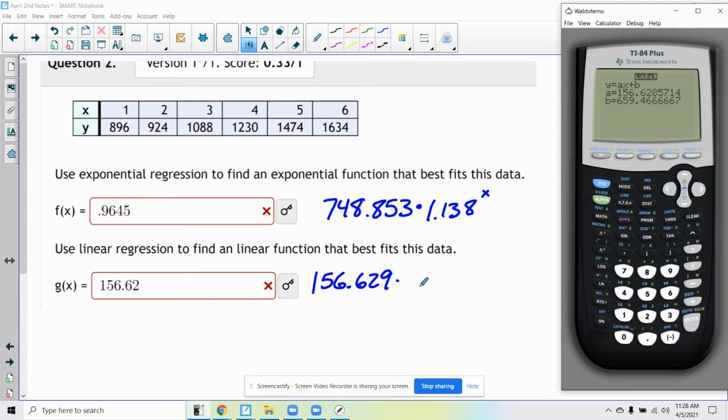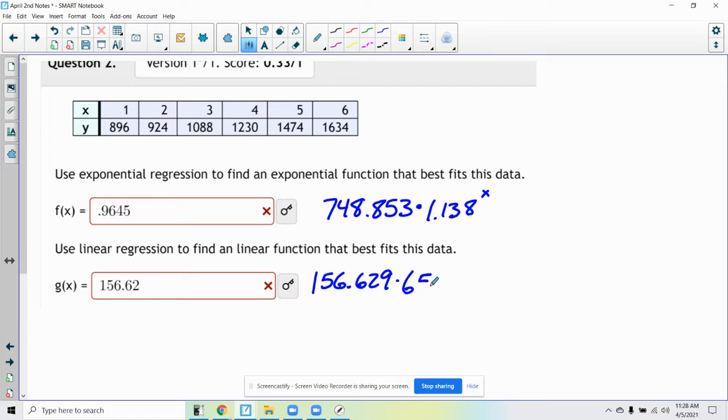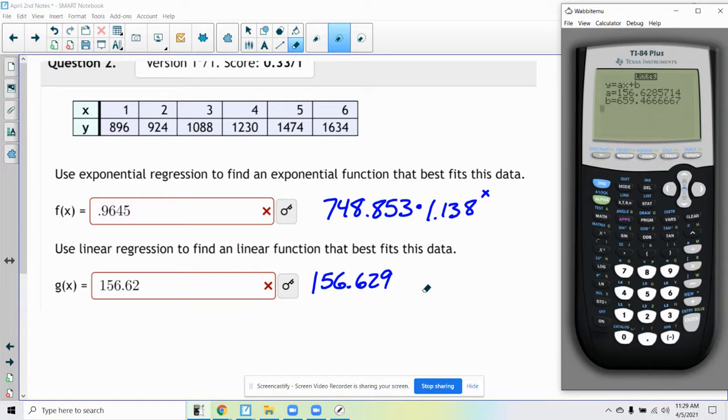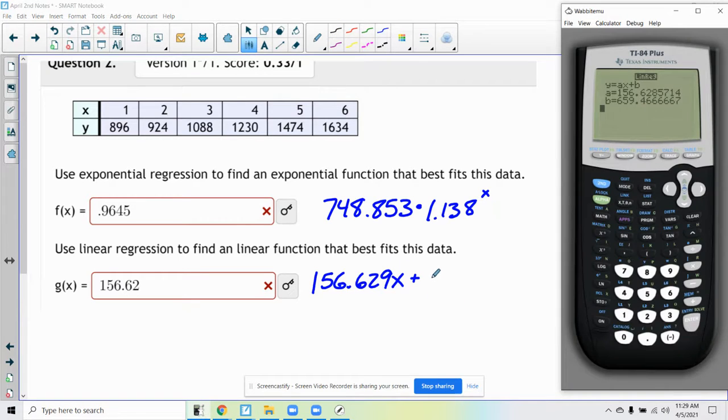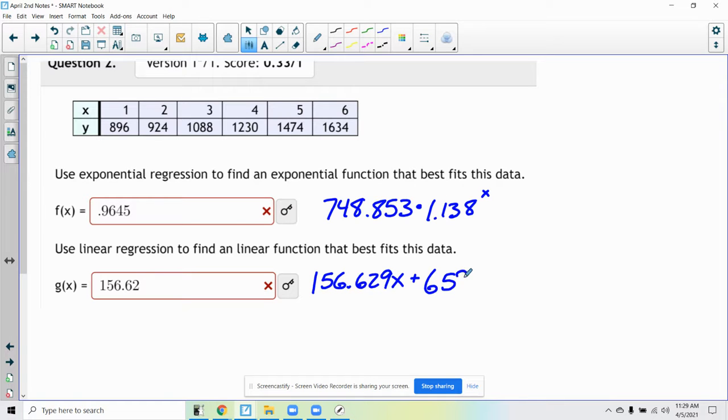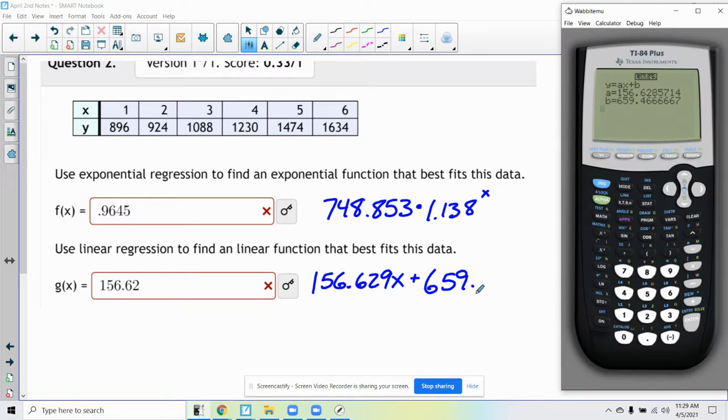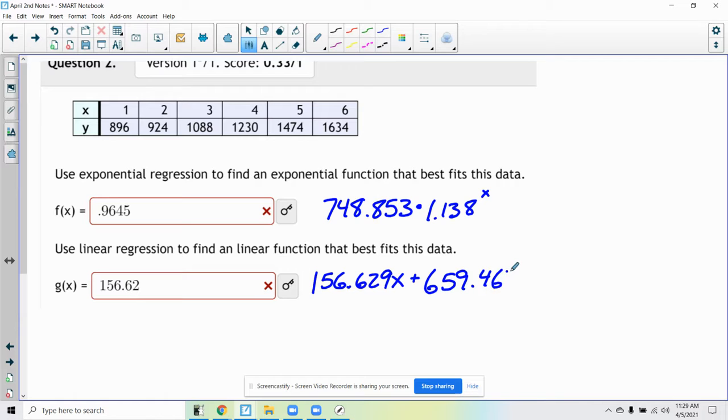Whoops, that's not what I want, not times. This is a linear equation. So this is going to look like this. Y, this is going to be x, this times x plus 659.467.